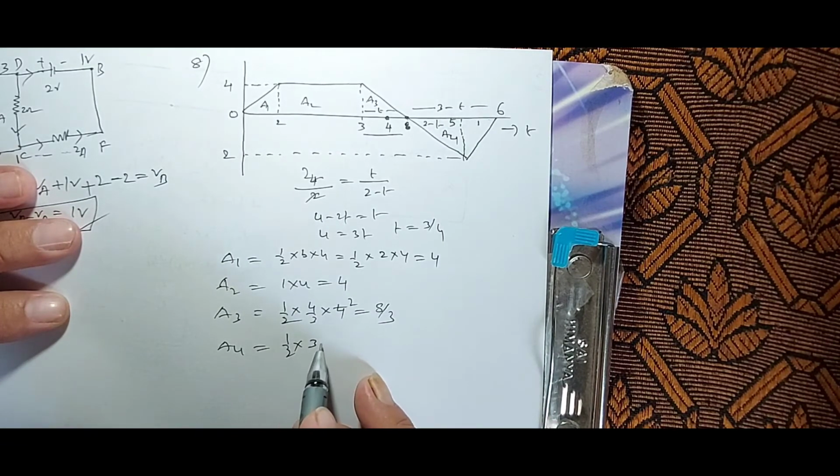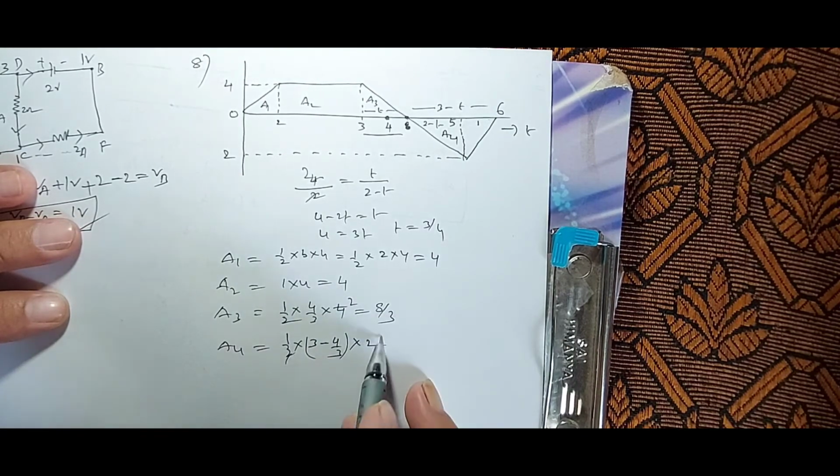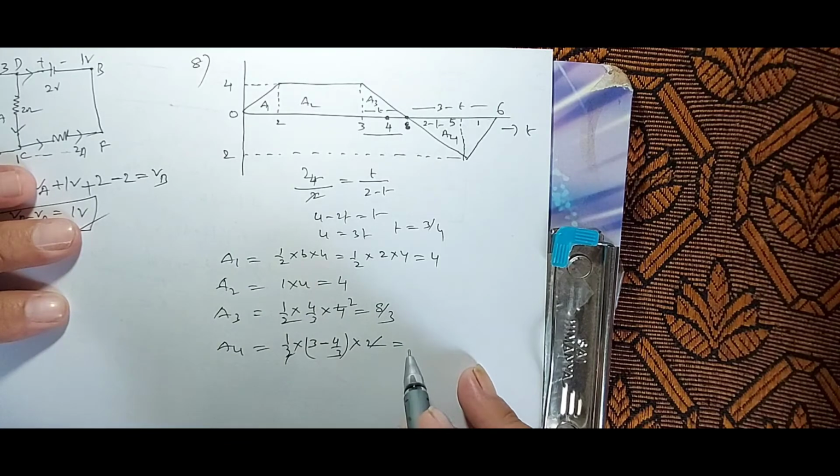Base is nothing but 3 minus t, that is 3 minus 4 by 3, into height 2. The 2s cancel, that is equal to 9 minus 4 by 3, that is 5 by 3.